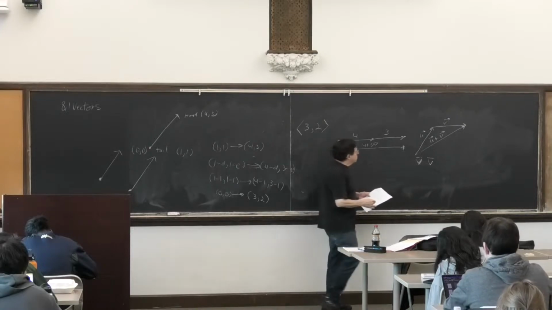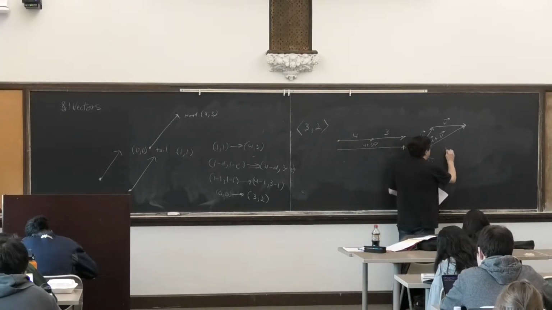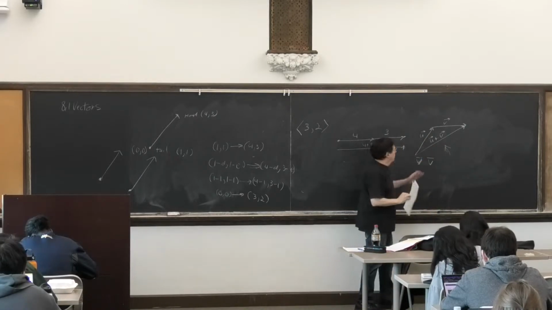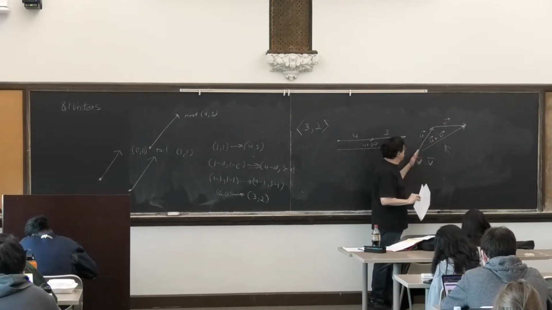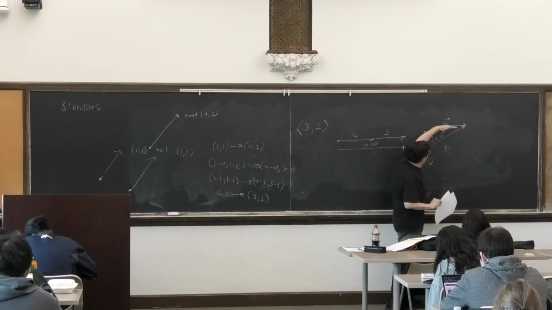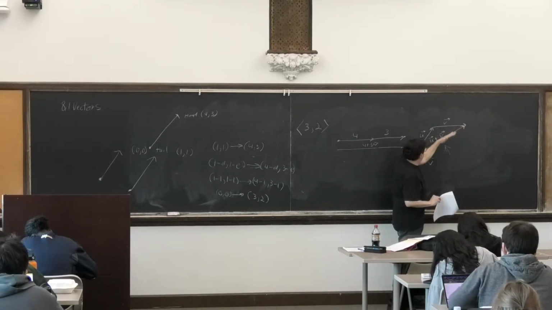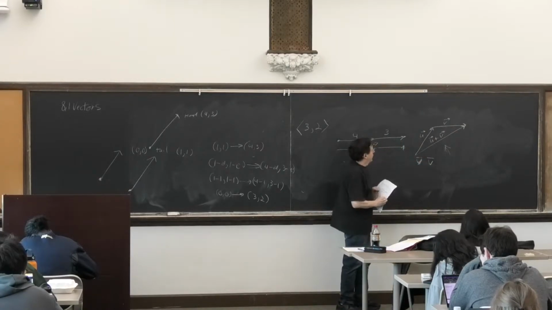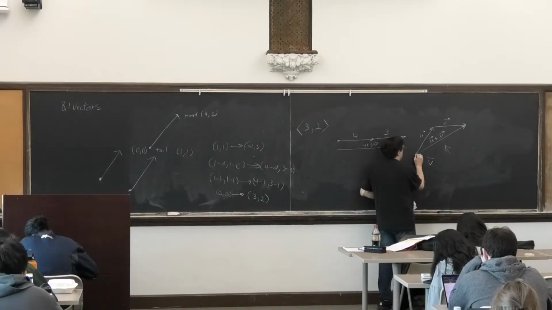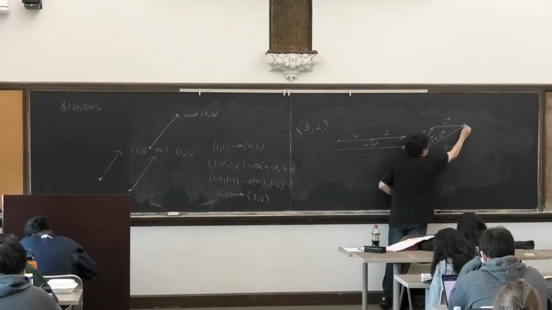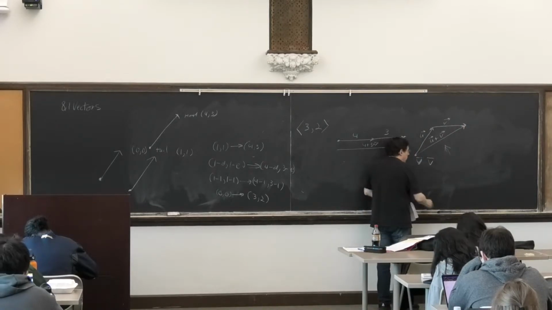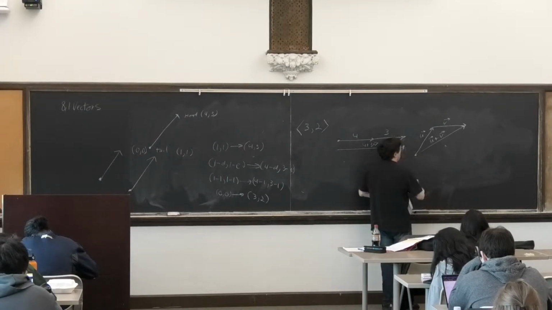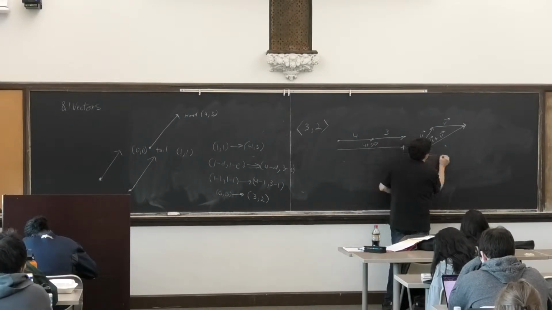All right, so the point here is you can add vectors graphically by simply putting the tail of one at the head of the other and getting the new vector as going from the original tail to the new head. This is sometimes known as the parallelogram law.